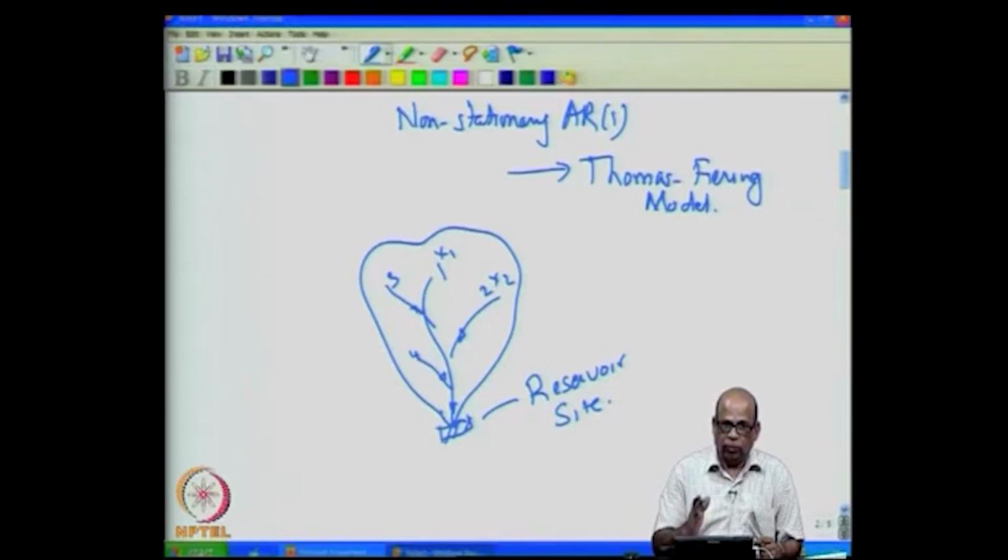Do not get mixed up with what we just discussed in the previous lecture. In the previous lecture, our focus was on developing a relationship between the flow at this location and rainfall at several locations. The rainfall was causing the flow, and that is why we built the regression relationship between the flow and the rainfall at various locations. The problem that I am discussing now is much different from what we discussed in the multiple linear regression.